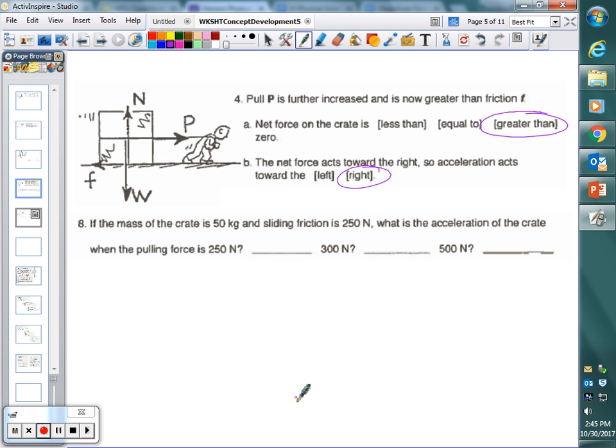Let's take this from just a qualitative analysis to a quantitative analysis. Let's go from just describing to actually measuring and getting some numbers. The crate has a mass of 50 kilograms. Sliding friction, the friction it experiences as it slides across the floor, is 250 newtons. What is the acceleration of the crate when the pulling force is 250?